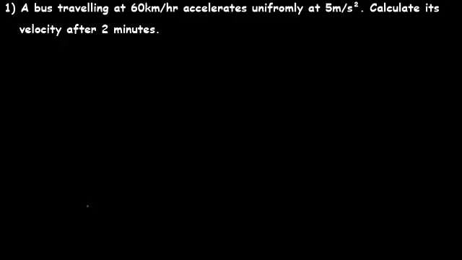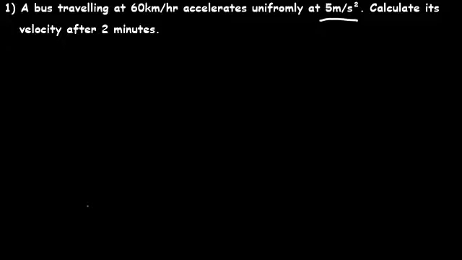A bus traveling at 60 km per hour accelerates uniformly at 5 meters per second squared. Calculate its velocity after 2 minutes. Now, as you can clearly see, the 60 km per hour corresponds to the initial velocity, because that is the traveling speed of the bus.